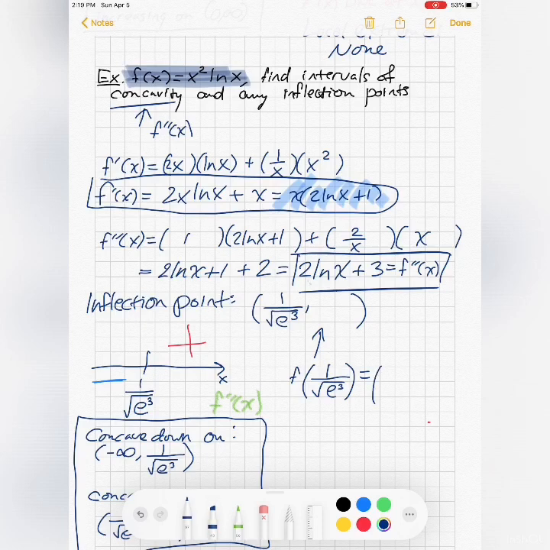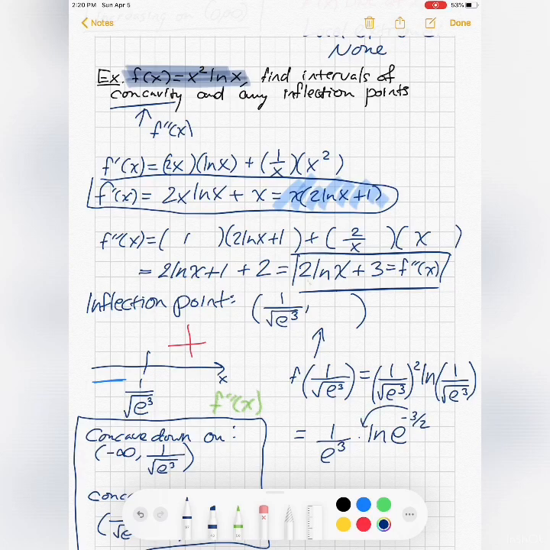So I'd have x squared ln of x, so that would be 1 over e cubed, and then ln of e to the negative 3/2.